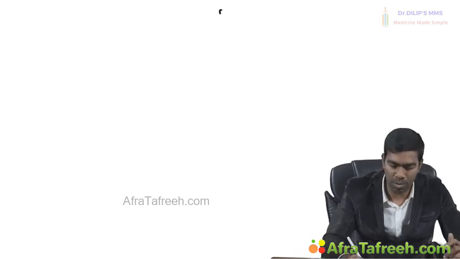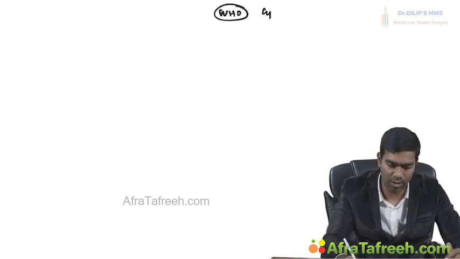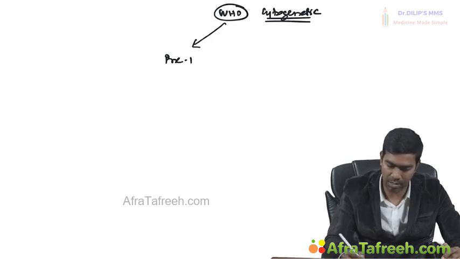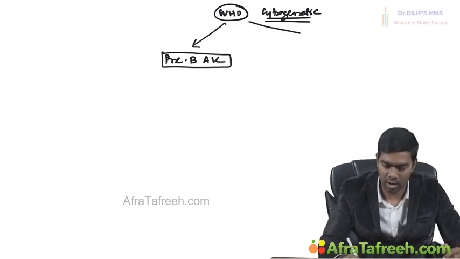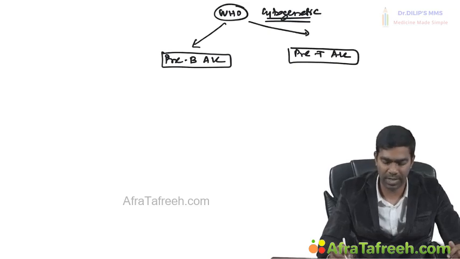But what is more important right now is the WHO classification more than the morphology. WHO classifies based on cytogenetics, where you can divide into precursor B lymphoblastic leukemia, called pre-B-ALL, or precursor T acute lymphoblastic leukemia or lymphoma, pre-T-ALL.